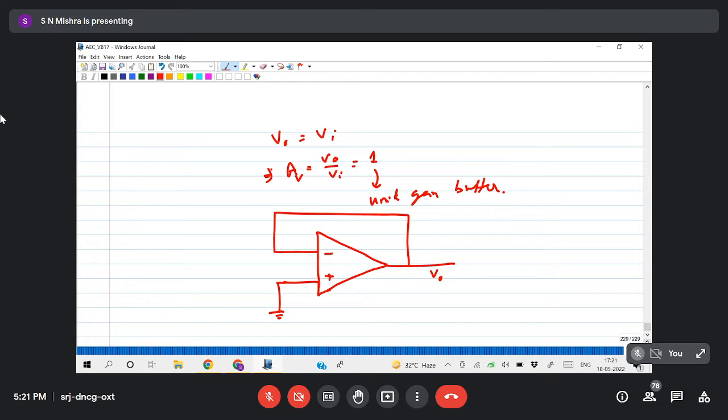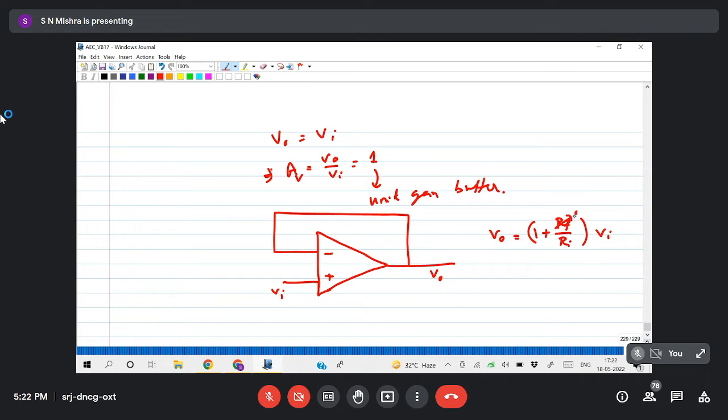Okay, see here, this is Vi. What we are getting here, V naught equals, for the non-inverting op-amp, 1 plus Rf by Ri into Vi.